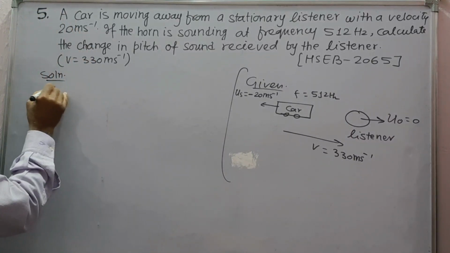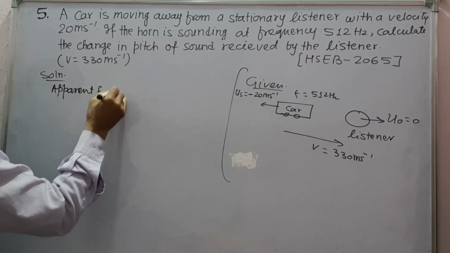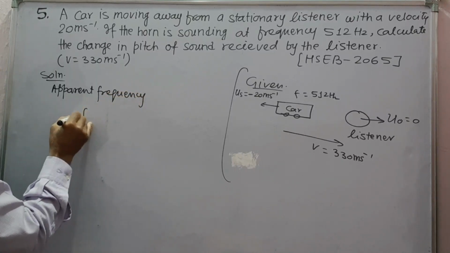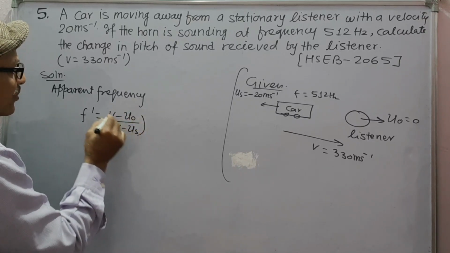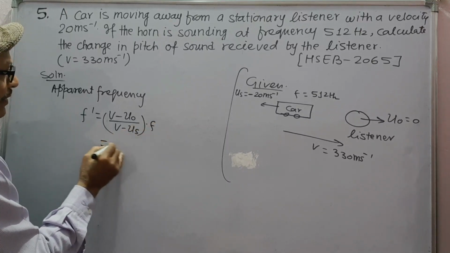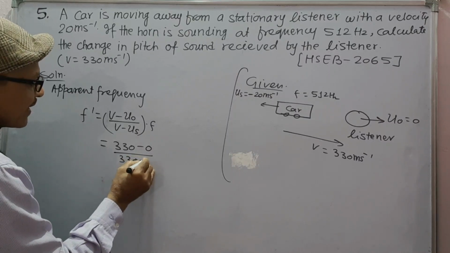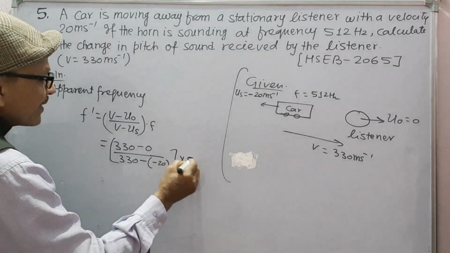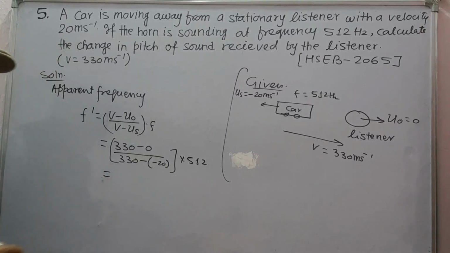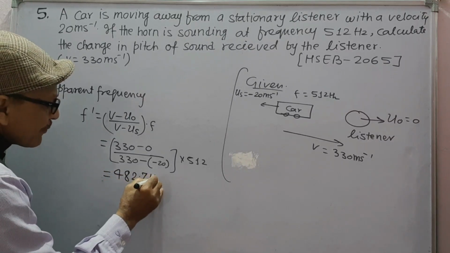So apparent frequency F dash is equal to (V minus UO) upon (V minus US) into F, 330 minus 0 upon 330 minus (minus 20) into 512, which gives F dash as 482.7 hertz.